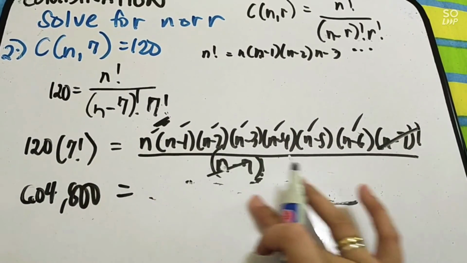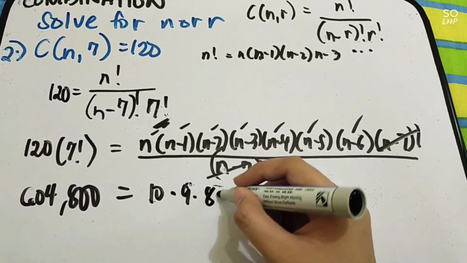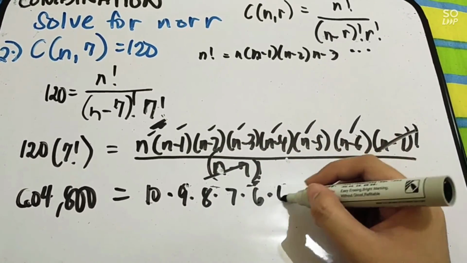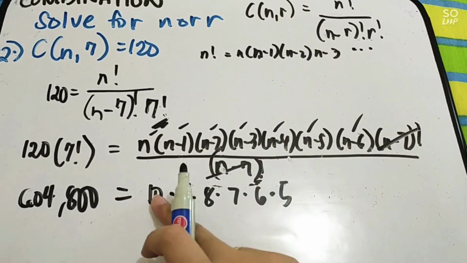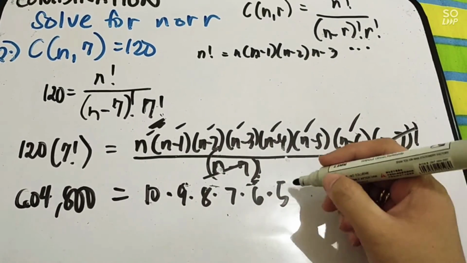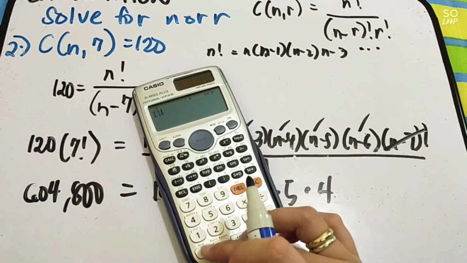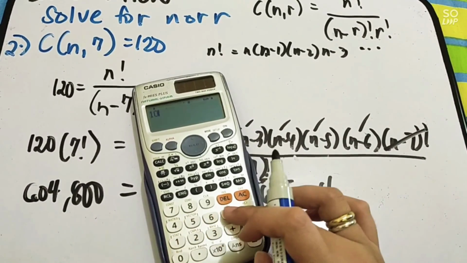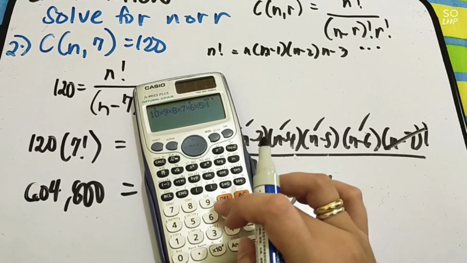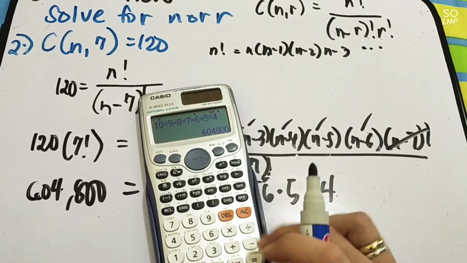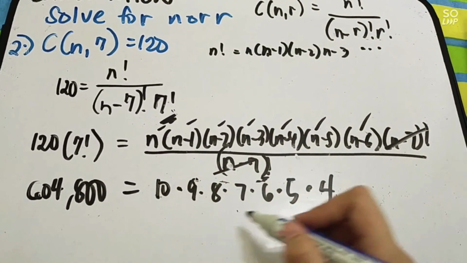Kung 10 tayo mag-i-start, 7 objects lang, hanggang 4. So, meaning we have 10 times 9 times 8 times 7 times 6 times 5 times 4. Let us see. Ayun, lumabas na. 604,800. They are now equal.